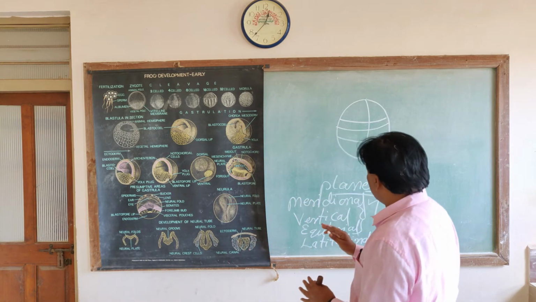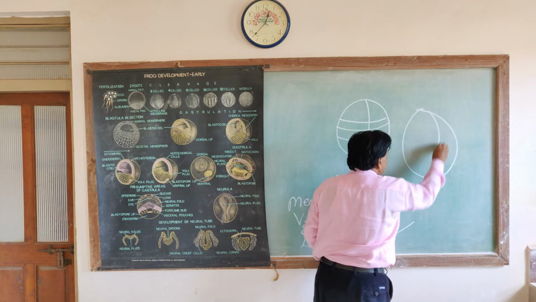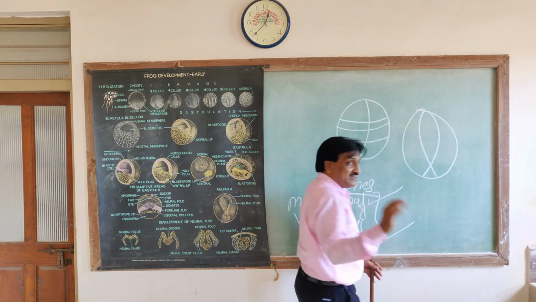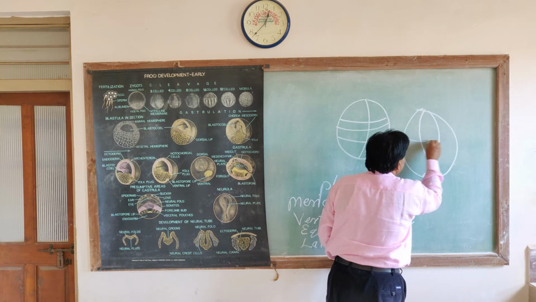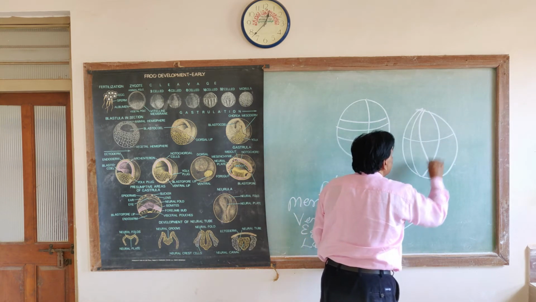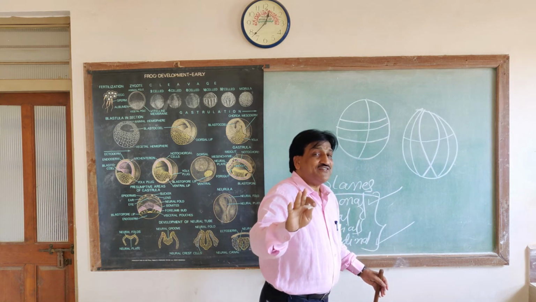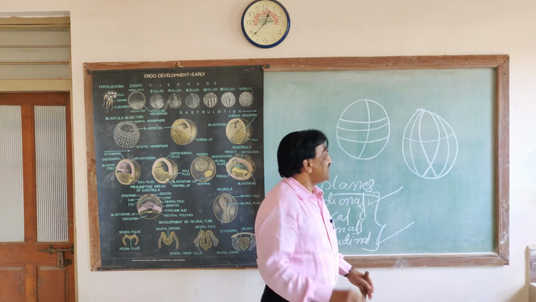For example, this is the first cleavage, the second cleavage, the third one is the latitudinal plane, the fourth one is 2 simultaneous meridional, and the fifth cleavage is latitudinal, double in nature.